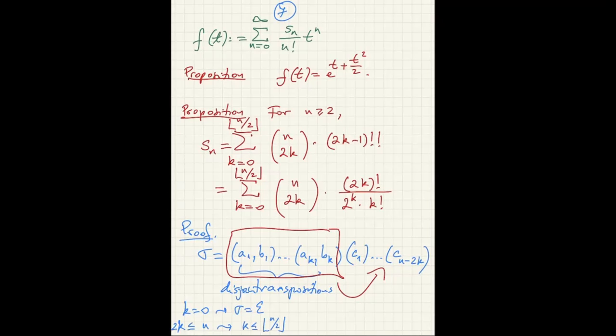First we count the set of all these A1, B1, and so on. We have 2k elements that we're choosing from a set with n elements, and that's n choose 2k. Now we have these 2k elements, and we have to count the number of ways of pairing them. That's what I'll do on the next page.